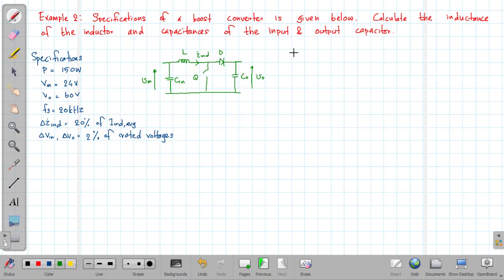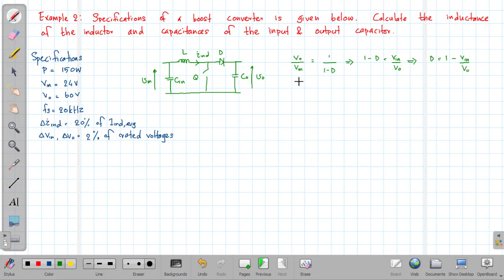First we will look at the input output relationship. V out over V in is equal to 1 over 1 minus D. From this we get 1 minus D is equal to V in over V out. This gives D as 1 minus V in over V out.